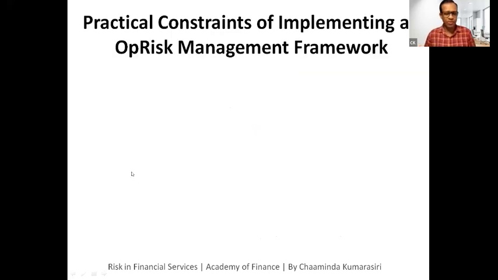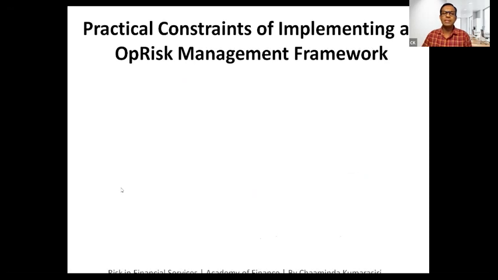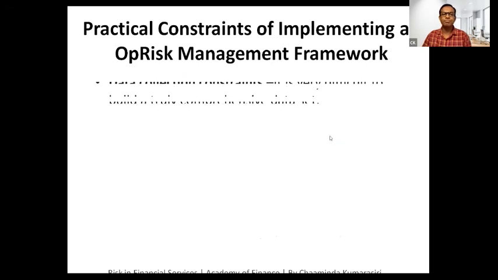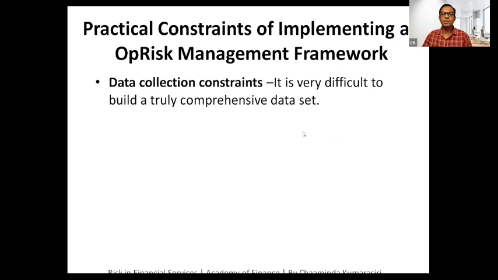We talked about the operational risk framework and the components we discussed. And we also have practical constraints or issues in effectively implementing an operational risk management framework. So what are those? First one is data collection constraints. If you look at the operational risks we discussed, there are 4 key areas, right?